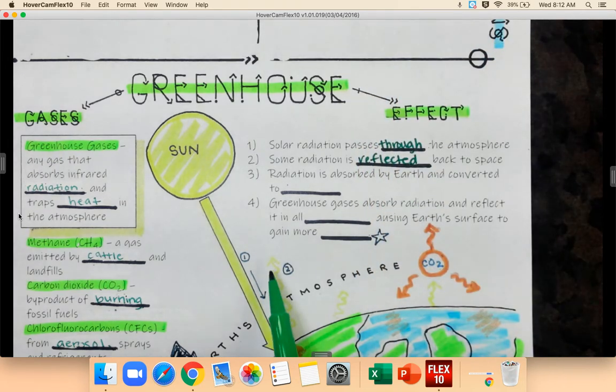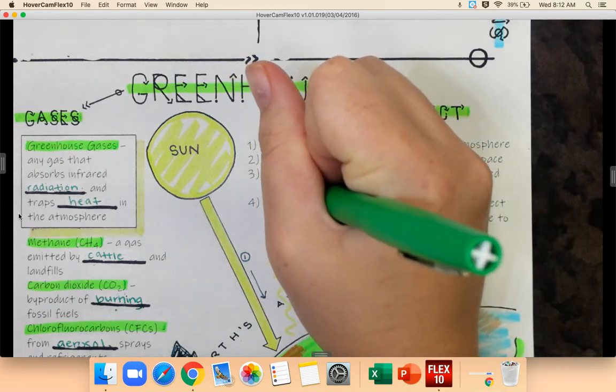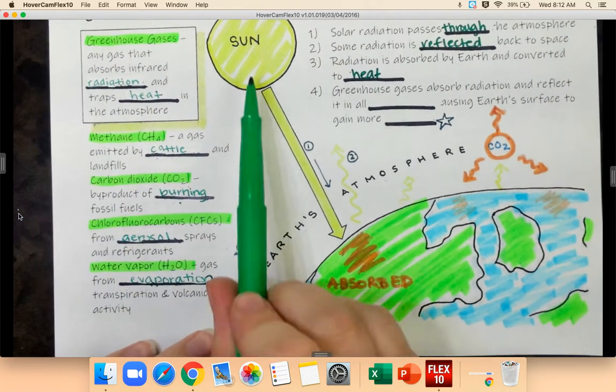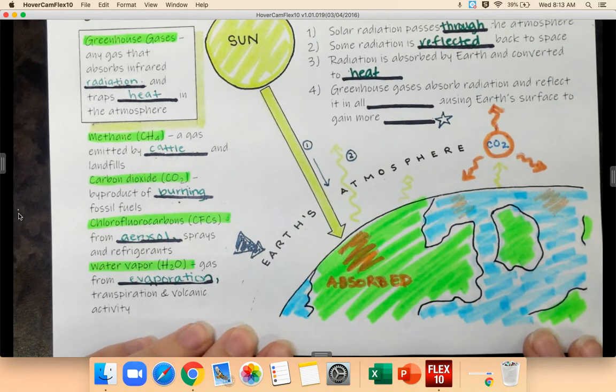Some of the radiation bounces back based on the surfaces, and we'll talk about that later. But some reflects back into space, and then radiation is absorbed by Earth and converted to heat. Down here, you can see that the heat from the sun is being absorbed on the land and converted into heat, which is why it's this orangish red color.